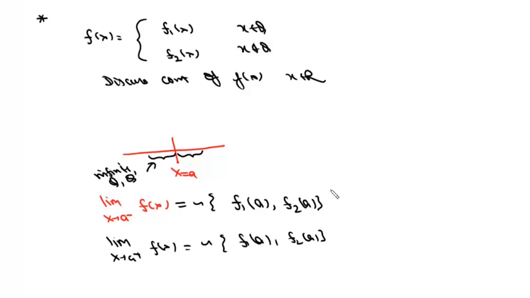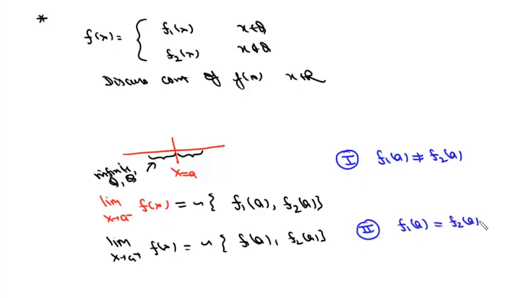Now here we have two cases. Case 1, if f1(a) is unequal to f2(a), and this second case when f1(a) equals f2(a). Now if f1(a) and f2(a) are not equal, then at all these points a, we'll get two values of limits.